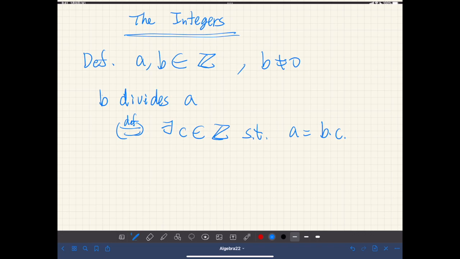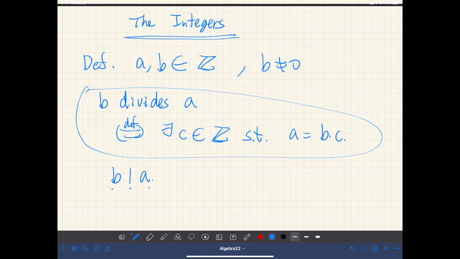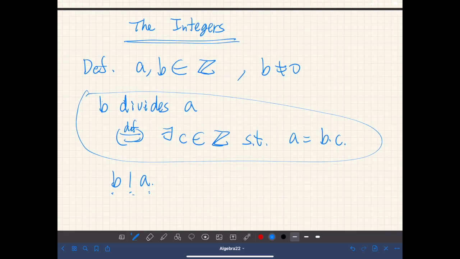And if this is true, then we write b divides a like this. So b bar a means b divides a, and we say b is a divisor of a.